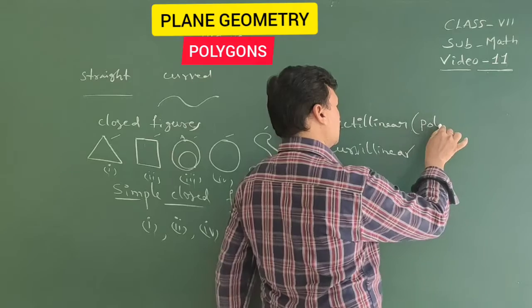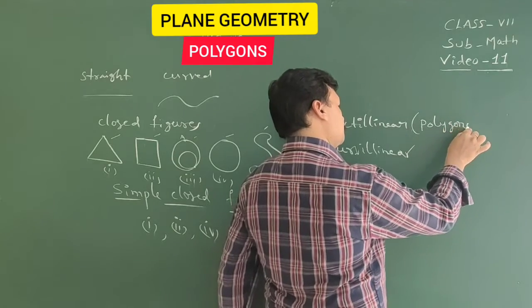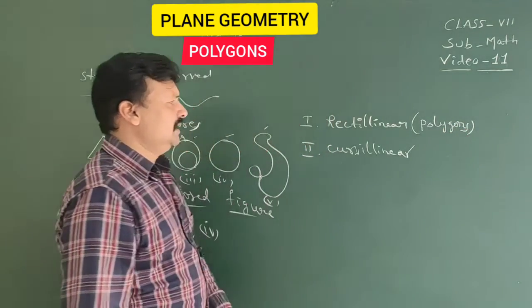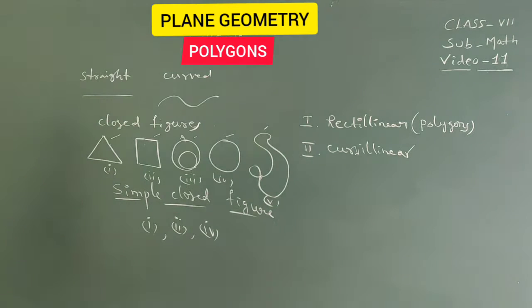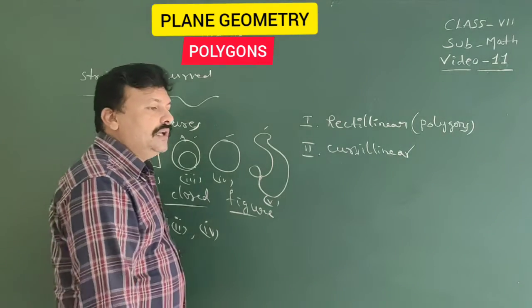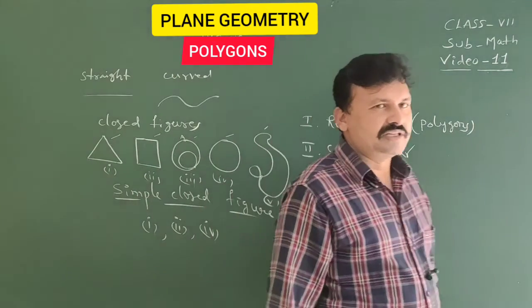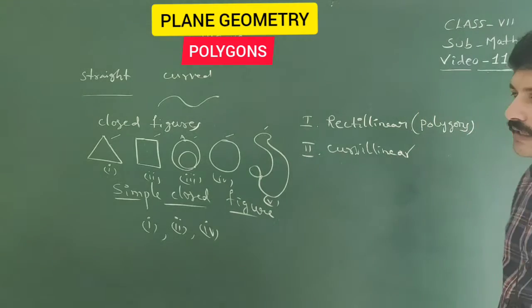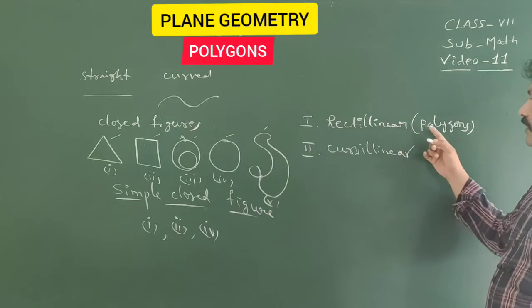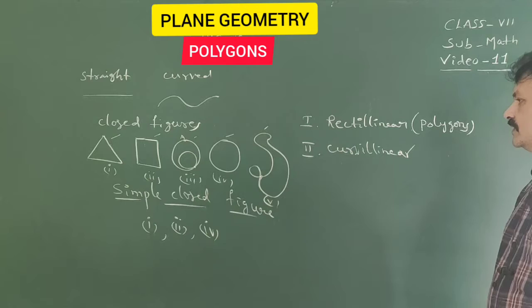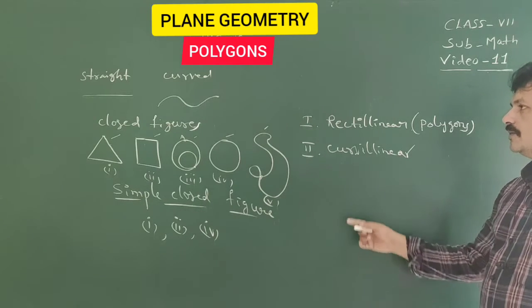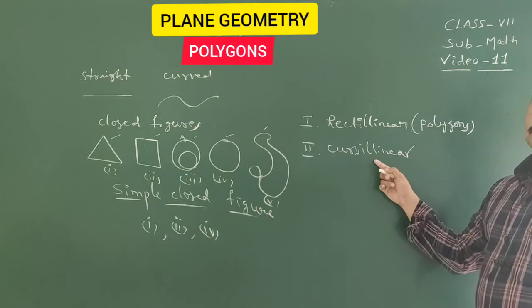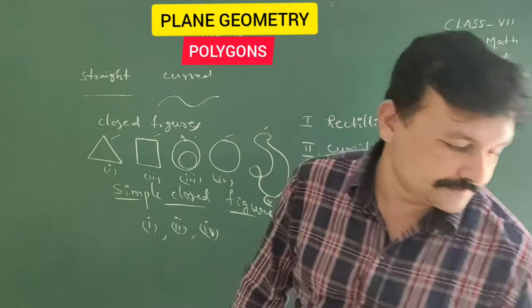Our chapter is this one only. Simple closed figures bounded by curves are called curvilinear figures.